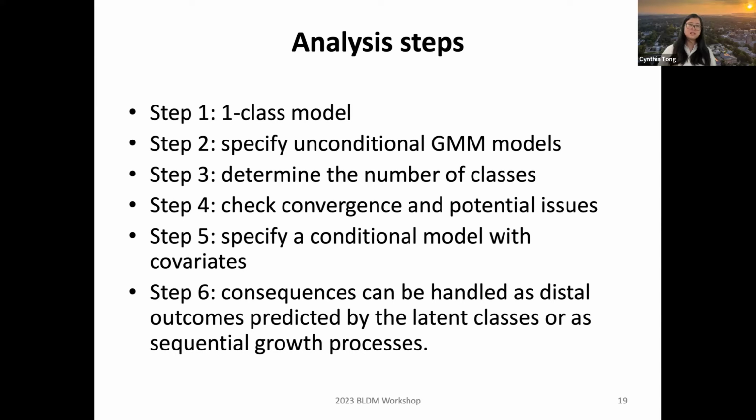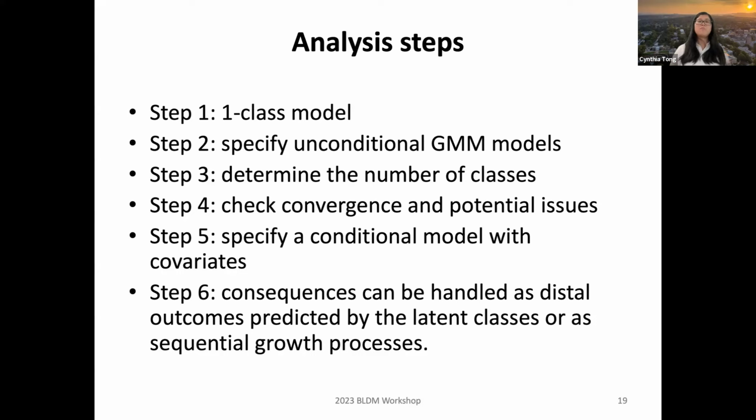So in today's workshop, I'm only going to give a very simplified Bayesian version of doing the growth mixture model. We're going to fit a 1-class growth mixture model and a 2-class growth mixture model. I tried 3, but it didn't converge with the non-informative prior, so we'll talk more about that later.